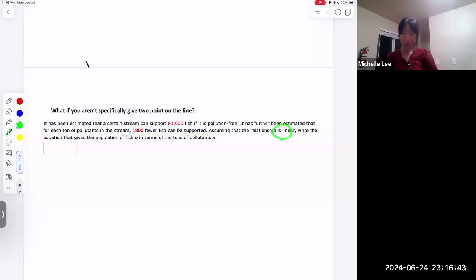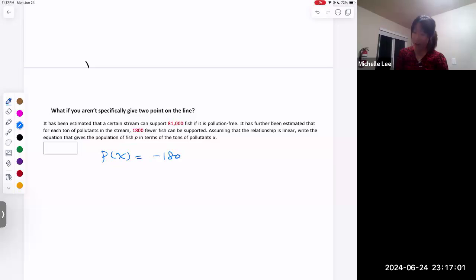It's a linear equation that gives the population of fish, P, in terms of the tons of pollutants, X. So P of X equals negative 1,800X plus 81,000.